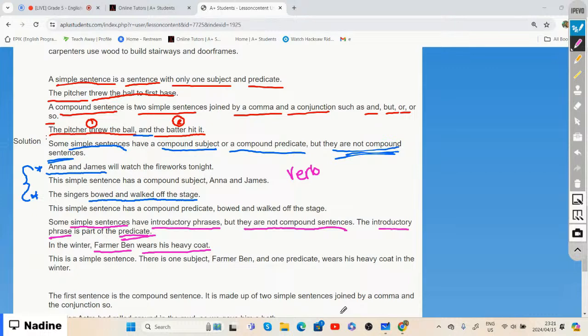But it's a simple sentence. And that is correct. A simple sentence does not have a conjunction. It's just your basic sentence with a noun and a verb in.